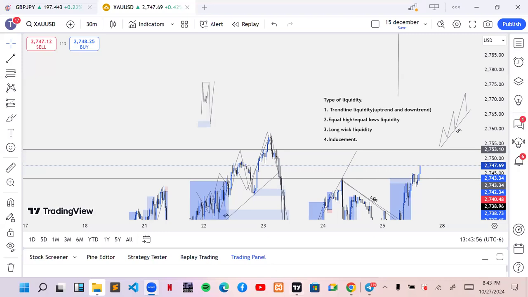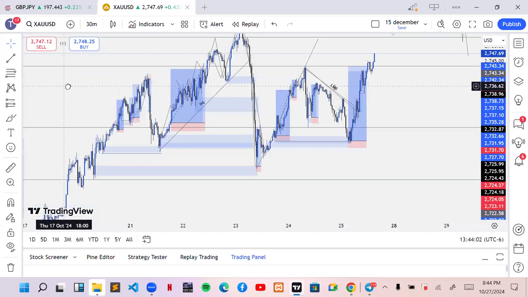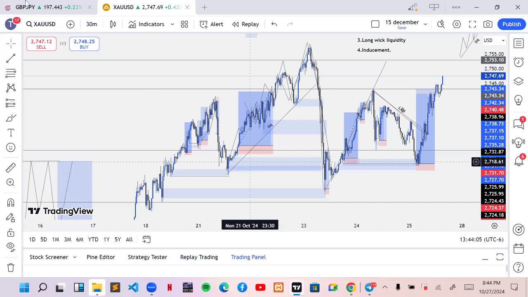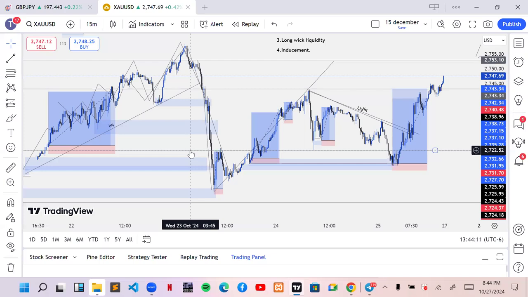My buy setup on gold that I had, three consecutive buys that I had on gold. Okay, where is it safe? The buy setup I had on gold.